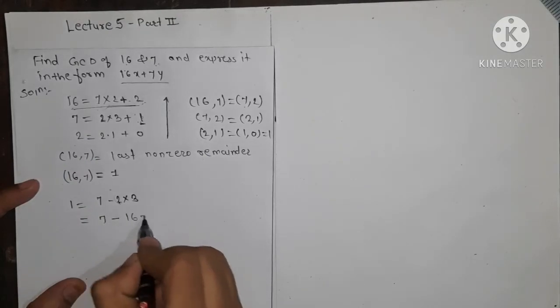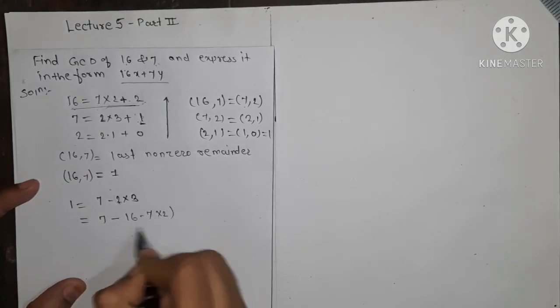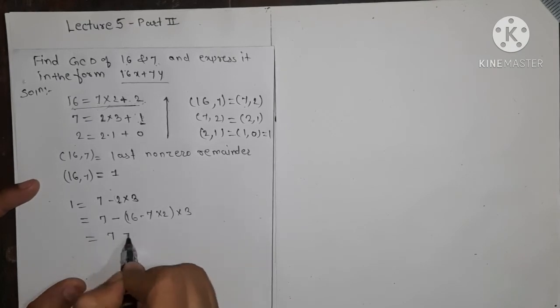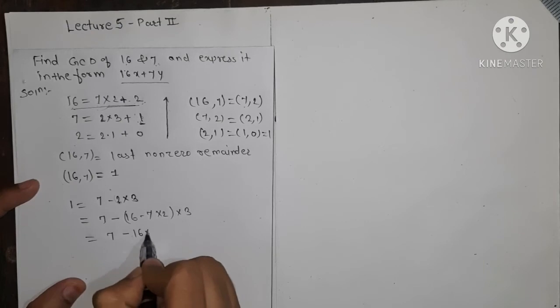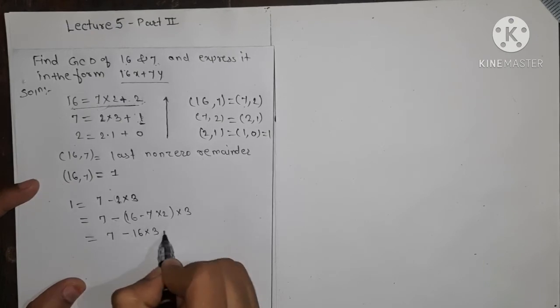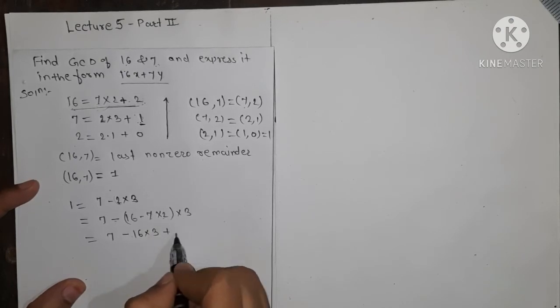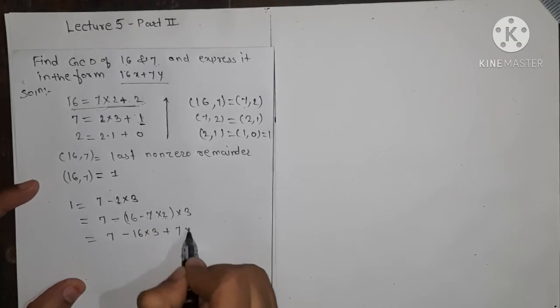So 7 minus (16 minus 7 multiplied by 2) multiplied by 3. So opening the bracket, we get 7 minus 16 multiplied by 3 plus 7 multiplied by 6.